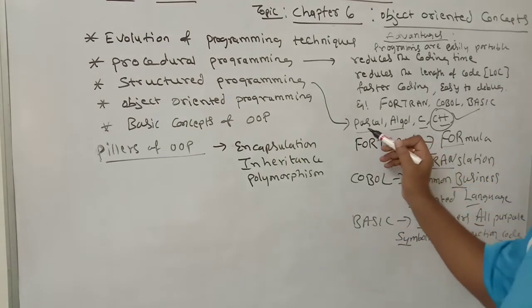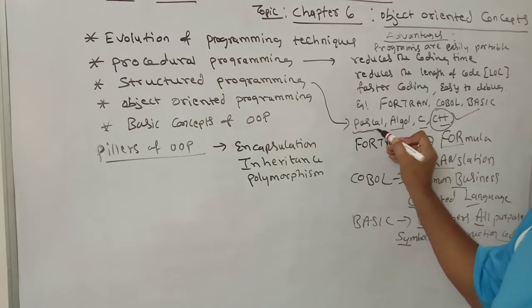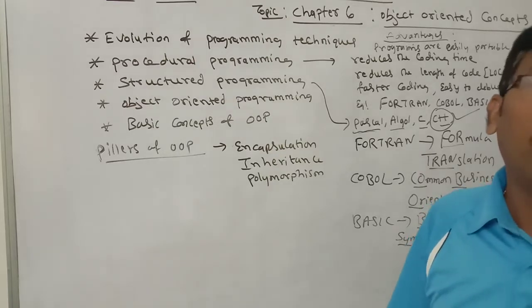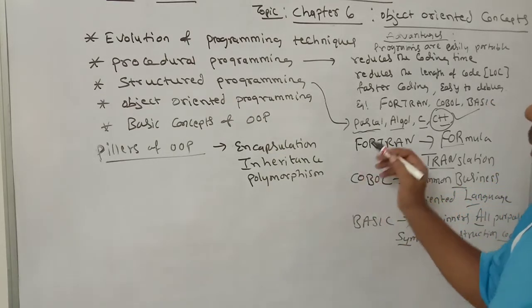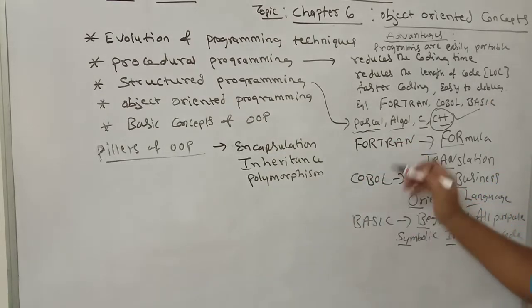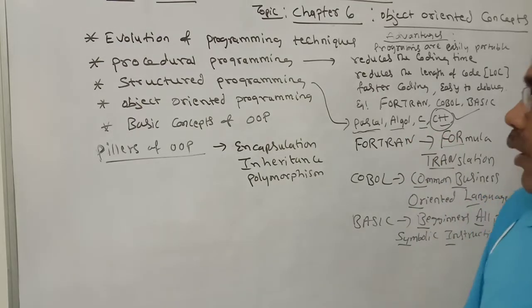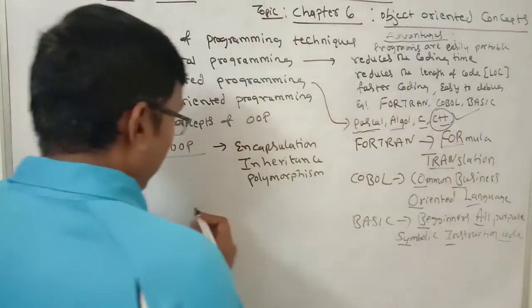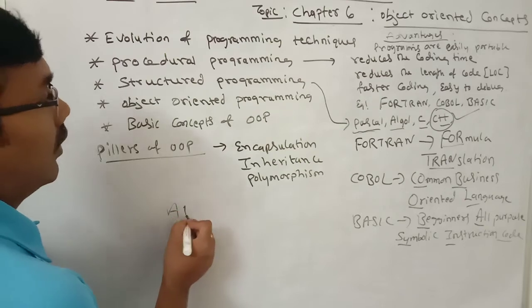See, Pascal, they gave the name after the scientist Blaise Pascal. Algol means algorithmic language. What is the full form of Algol?